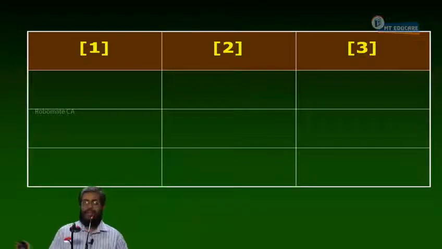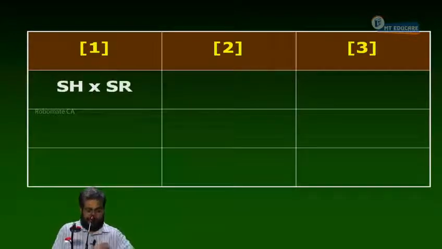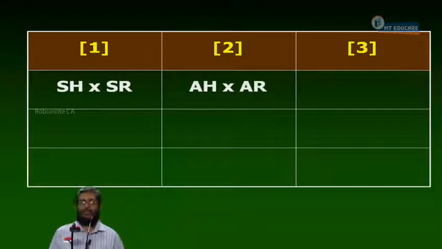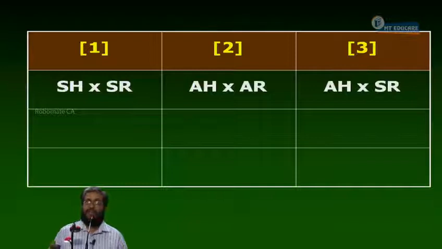Step 1, computation table. First column is SH into SR. Second column, AH into AR. Third column, AH into SR.